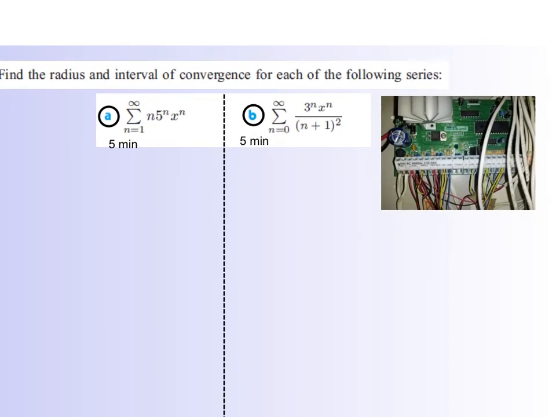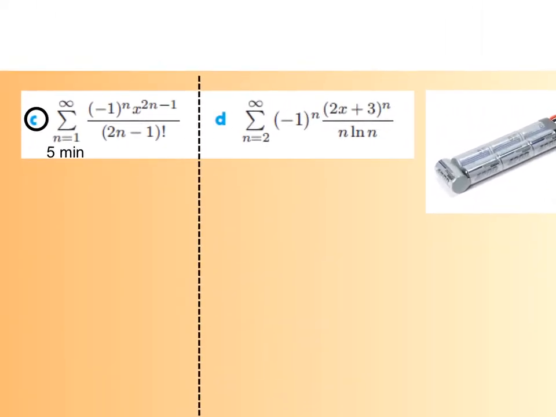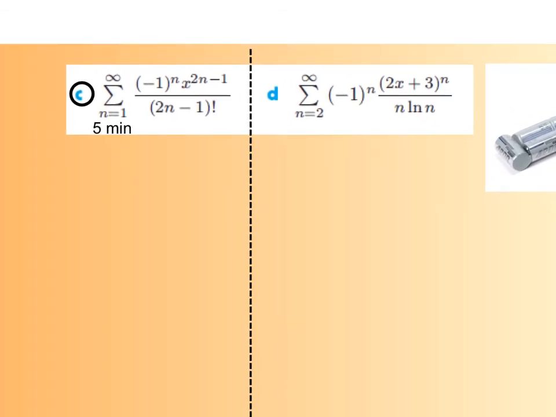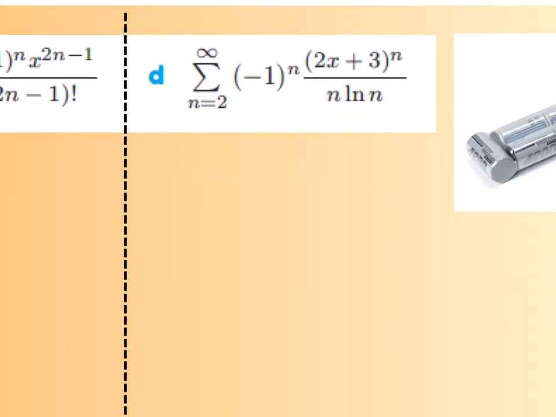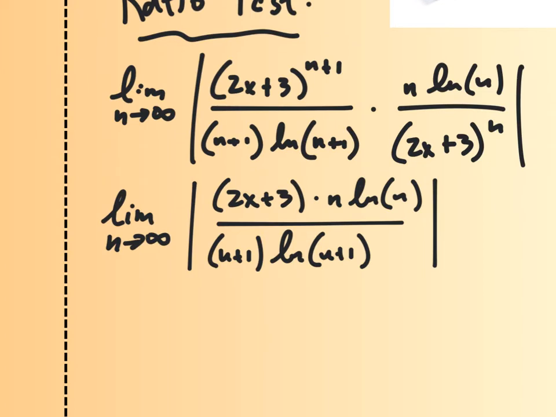Okay, so I'd like to do, let's see, do I want to do this? Let's go on to another. Let's try one of these. Oh, this is gross. Okay, let's do part D here. All right, so I'm just going to get started with the ratio test. I'm going to put down the first few steps here and come back with some stuff written down.